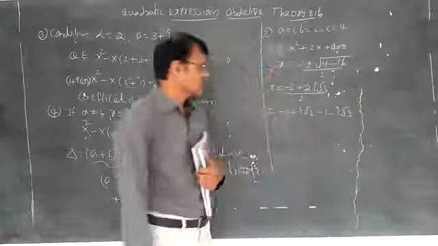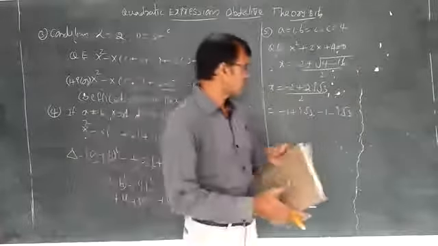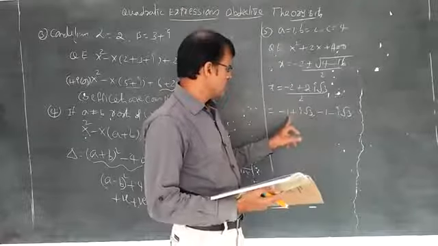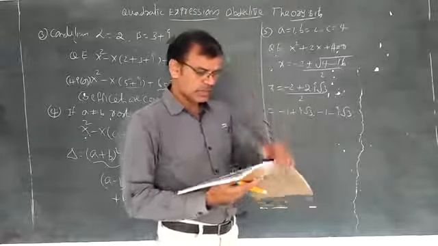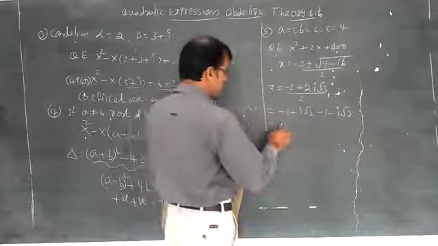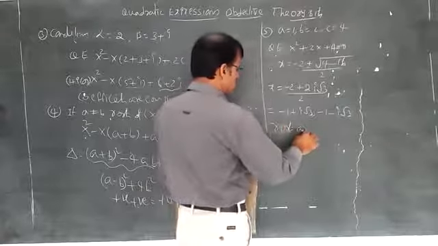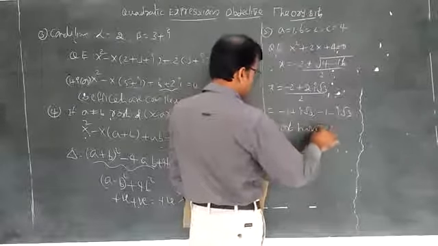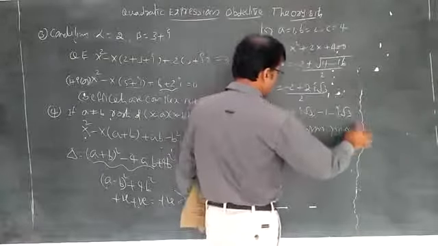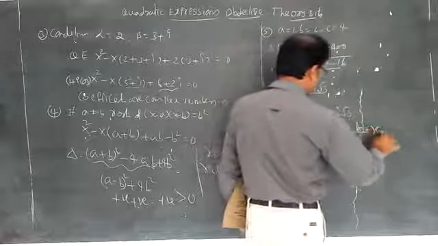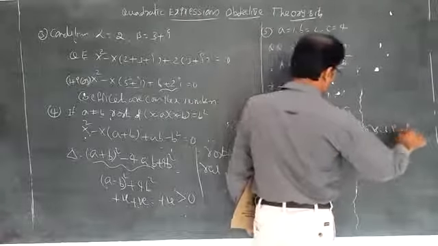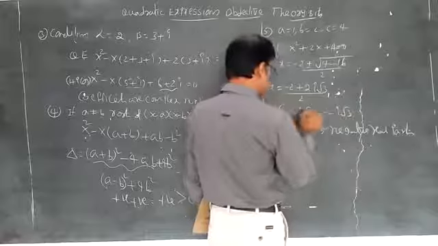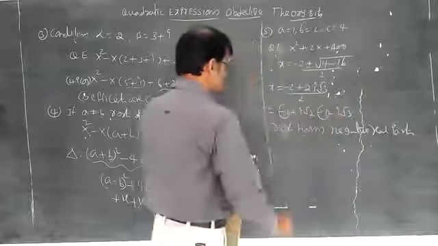We can say that these are conjugate complex numbers with negative real parts. Roots having negative real parts. This is correct.